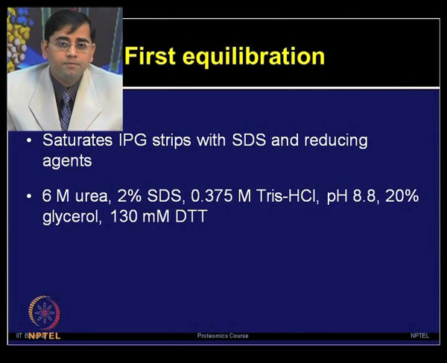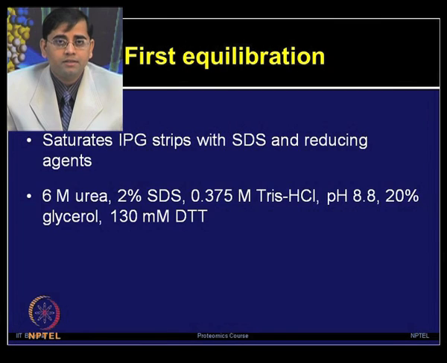20% glycerol, and then you need to make one variation in this buffer composition. Either you add DTT, dithiothreitol, or you add IAA, iodoacetamide. Please note, this recipe is given only for your reference.